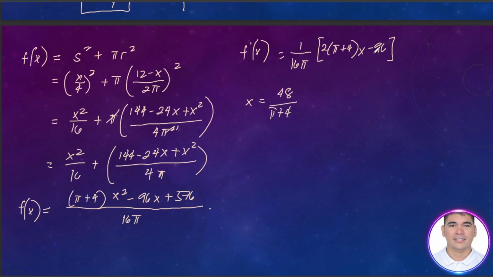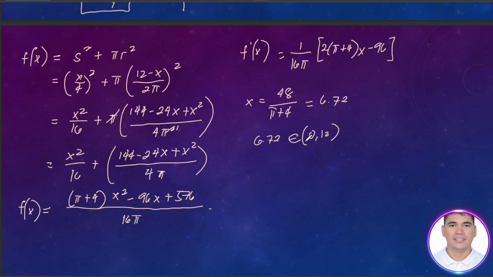Equate that to 0, which gives 6.72, and 6.72 is an element of our open interval 0 and 12. The 0 and 12 is based on the length of the wire, 12. Note the interval 0 and 12 serves as our constraint.